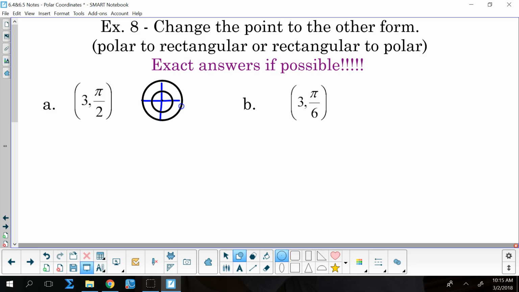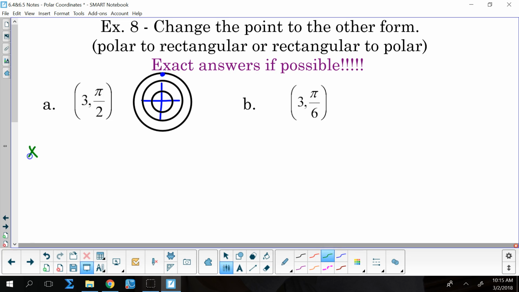Where would this point 3 comma pi over 2 be on the polar grid? Straight up from the pole, it would be right there. So really, in rectangular, it should be 0 comma 3. Let's verify that now.